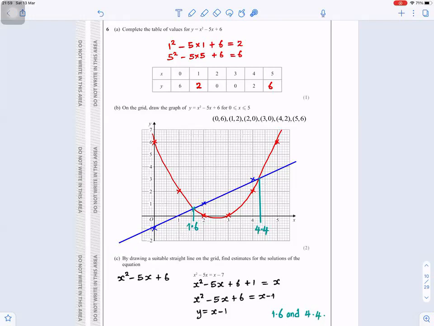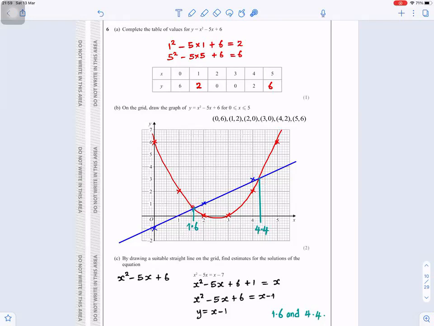Now, solution means where does the line and the curve meet? So you have your line and you have your curve. Where do they meet? Those are the 2 points where they meet. And what is the x value?